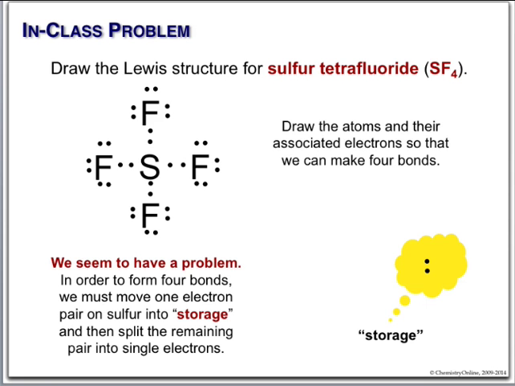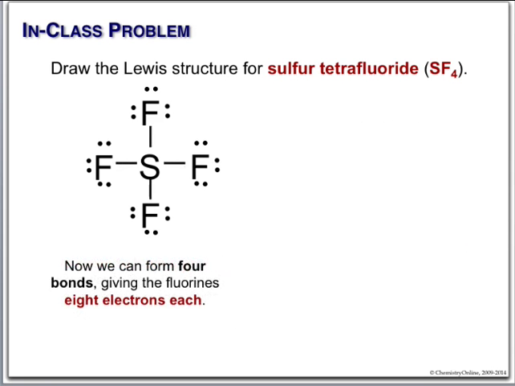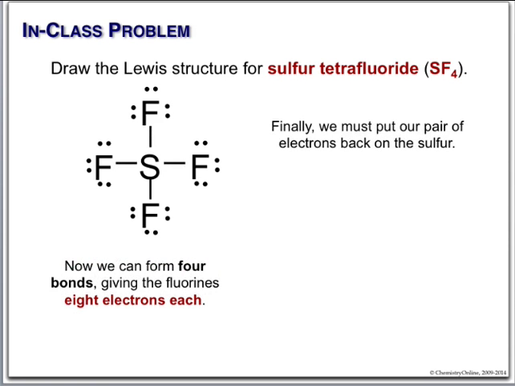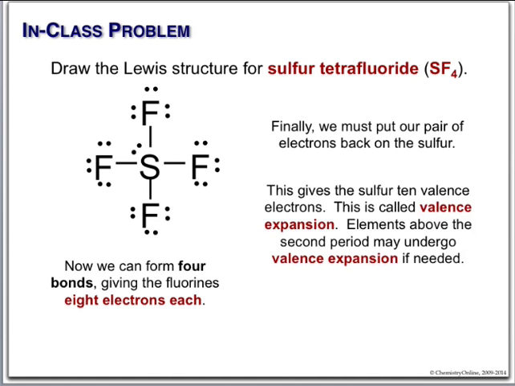That's good. But we really can't just hide the electrons down here on the floor somewhere, can we? They belong on the sulfur. So after we draw our bonds, we just put the electrons back. So again, this sulfur has 2, 4, 6, 8, 10 electrons.